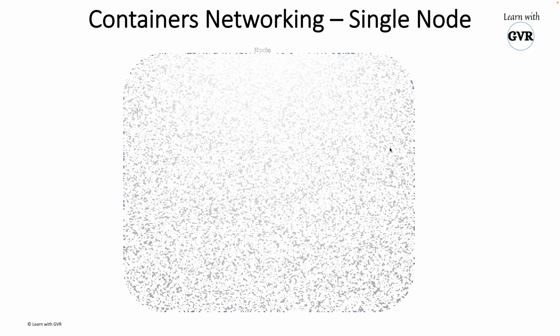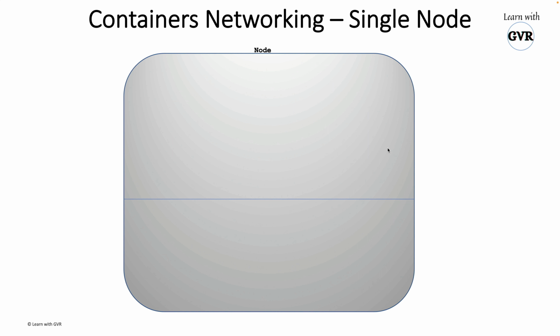So now container networking in a single node. This is a worker node, where the bottom portion is the host network namespace and the upper portion is a pod network namespace. So for the podCIDR range, every node has some CIDR range assigned here.